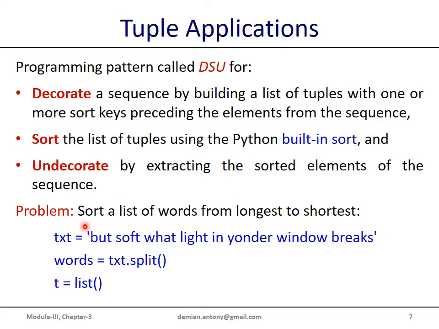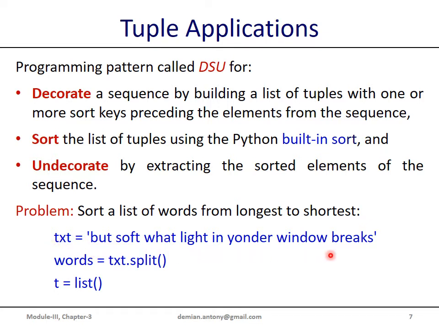What we have to do is create a tuple with the existing data sequence. Then we sort in descending order of the length of the word, because we want to sort the list of words from the longest to shortest, and then we just print the words, not the length. That's what undecorate is. So I'll explain this with a simple program.